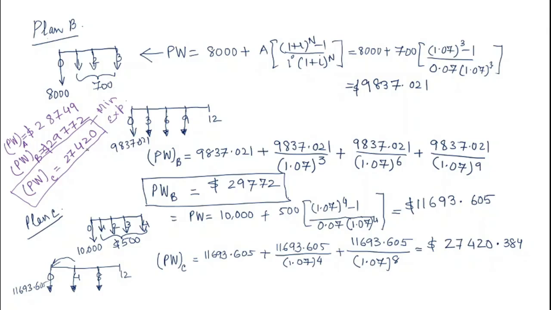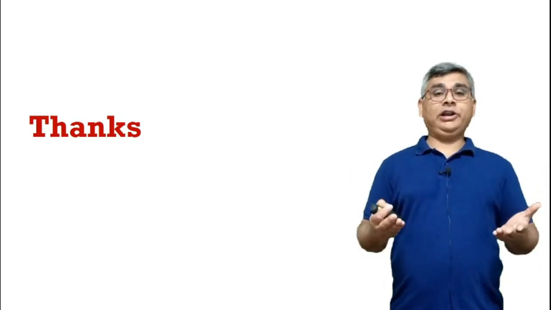This is how we solve the problem where the different alternatives have different economic or useful lives. This is all about the present worth method by taking into consideration the different economic lives of the alternatives.